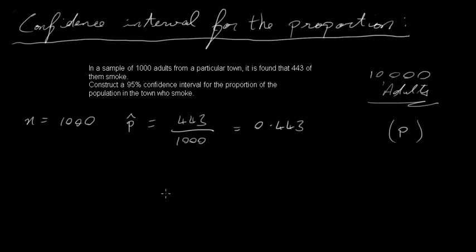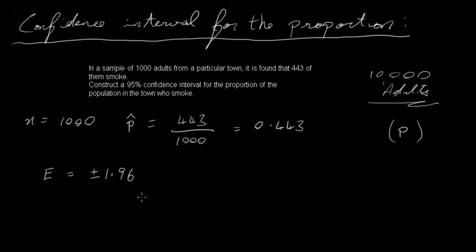So we are going to first of all find the margin of error around this. The margin of error in this case, again, is going to be plus or minus 1.96 times the standard error for the sample. Now, in the previous video we were talking about means, so we used sigma over root n. In this particular case we're talking about proportions.